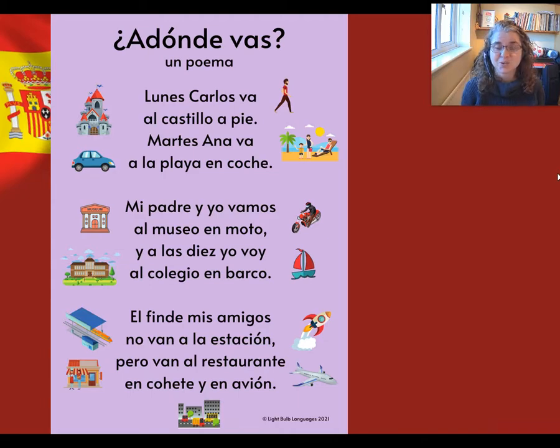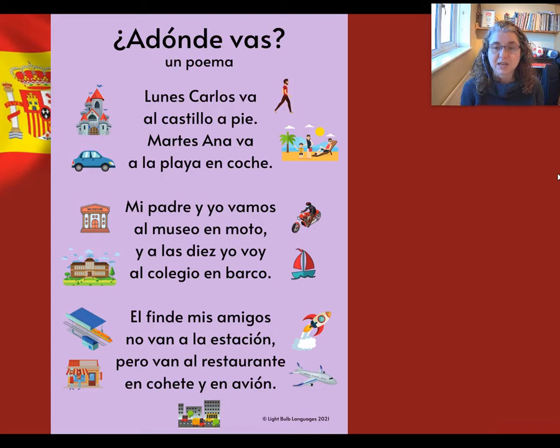How did you get on? Shall we try it once more? It's called ¿A dónde vas? Un poema. Lunes, Carlos va al castillo a pie. Martes, Ana va a la playa en coche.